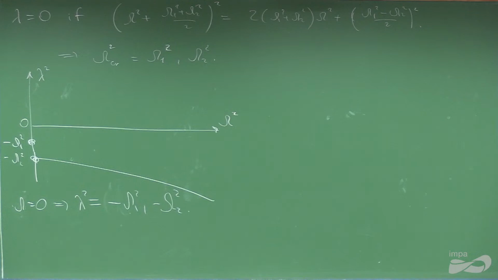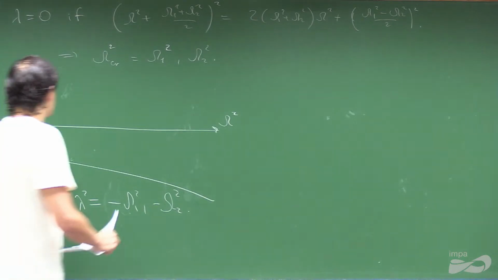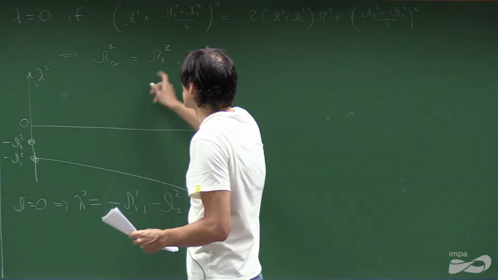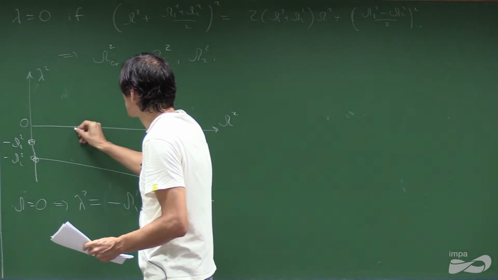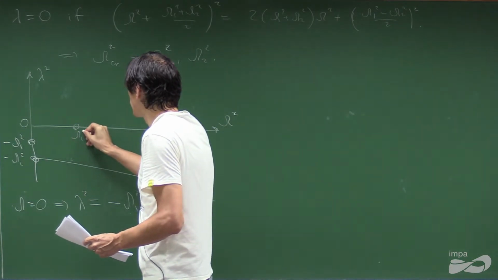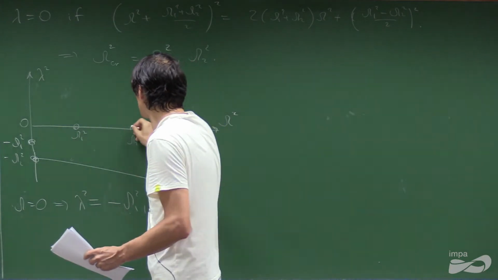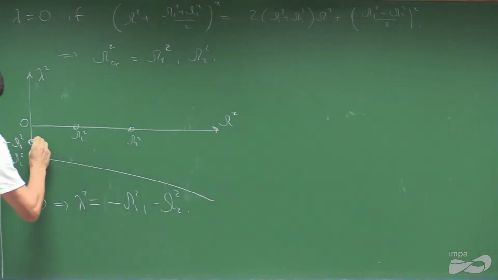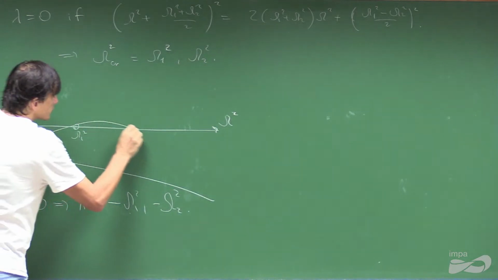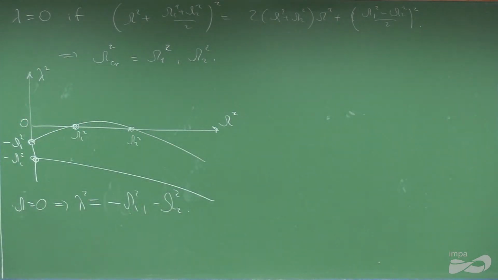But if you take plus, this function should go through these two roots. So lambda squared will become 0 at omega 1 squared and omega 2 squared. So we know that this should pass through these 2 points. So that's the shape of the solution for lambda squared.